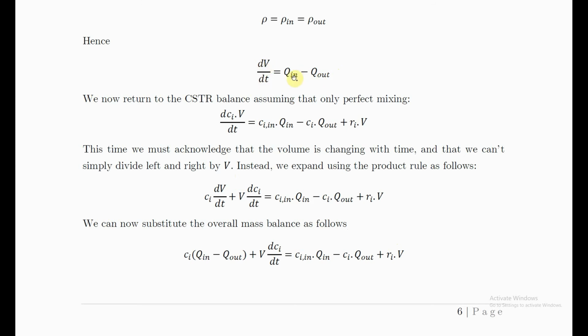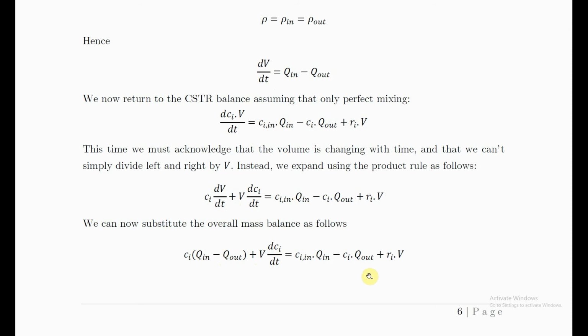From our overall material balance, we can substitute for dV/dt. This is an actual operation on V, but still we know how to estimate this as a number. So we can substitute this difference for dV/dt in the first term on the left-hand side, and everything else we just leave as it is.